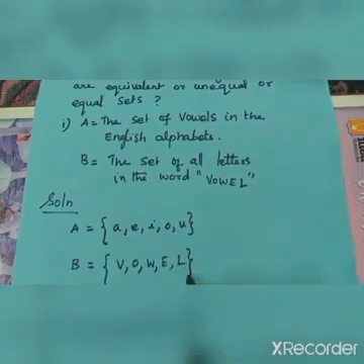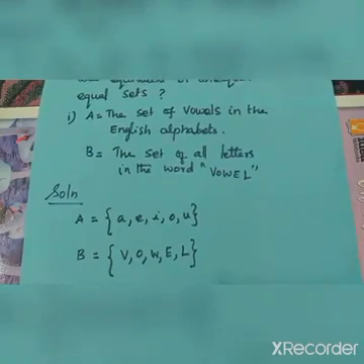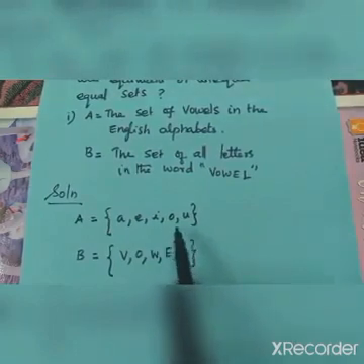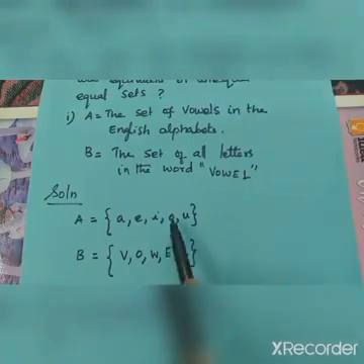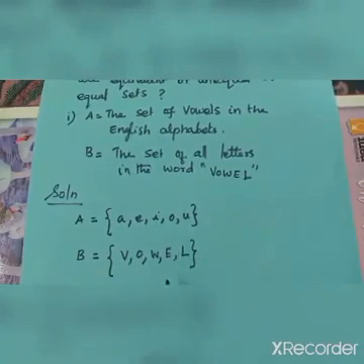Okay. Now we have to check whether it is an equal set or an equivalent set or an unequal set. We know that equal sets mean both sets have the same elements. Are they the same elements? No. Here A, E, I, O, U. Here V, O, W, E, L. So different elements are there, but the number of elements is the same, isn't it?